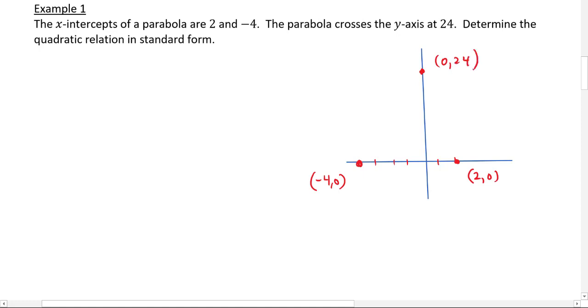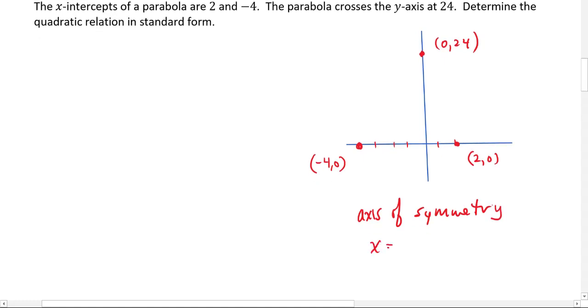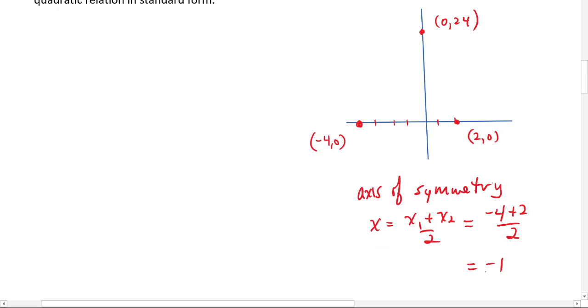And if we like, we also know the axis of symmetry. The axis of symmetry, remember, is the average of the zeros. So it's x equals x1 plus x2 over 2, which equals negative 4 plus 2 over 2, which equals negative 1.